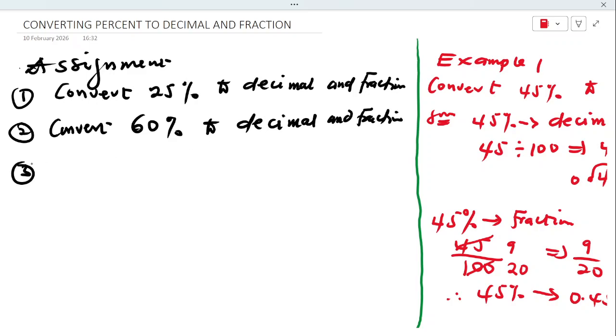And then 3, convert 50% to decimal and fraction.